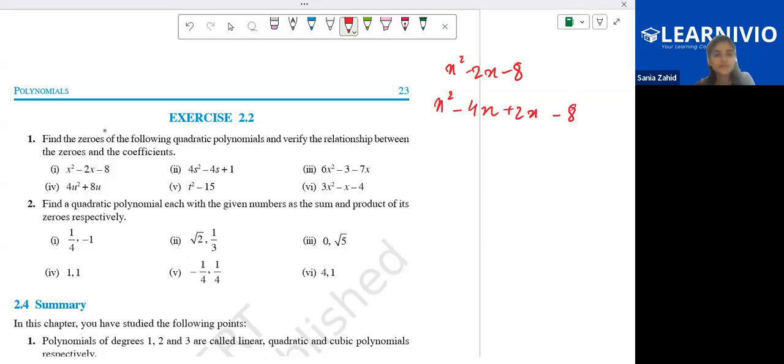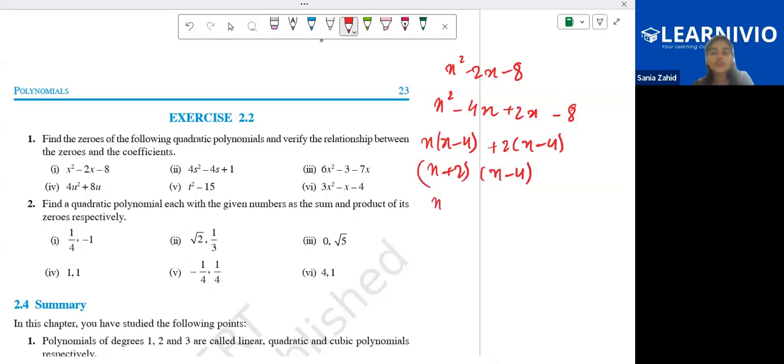Then x in brackets x minus 4, and 2 in brackets x minus 4, plus 2, x minus 4. Okay, so the zeros you get are x plus 2 and x minus 4.